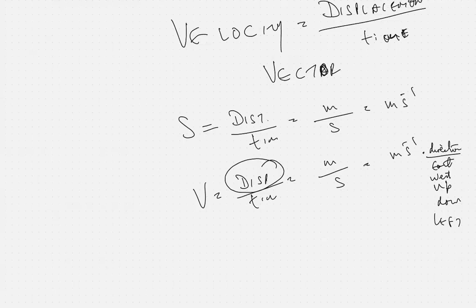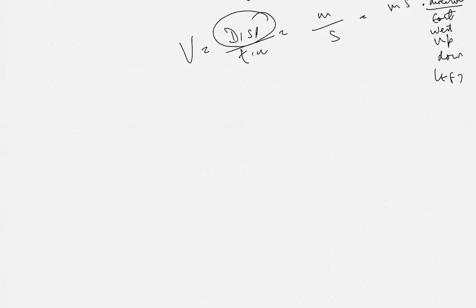Now, I just want to tell you that there is something called average velocity. Whenever you have an average, it means you have the initial and the final, and you divide by time. So average velocity is given by velocity final minus velocity initial. How do you get velocity? Displacement by time.